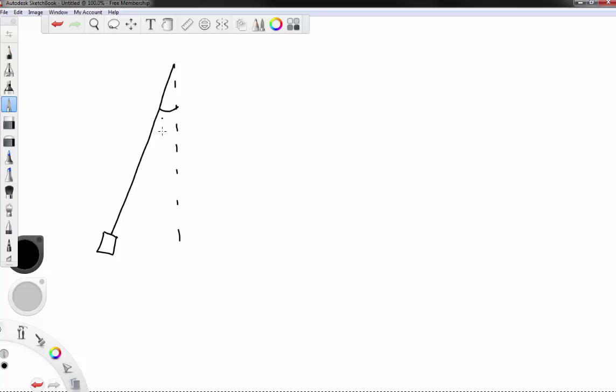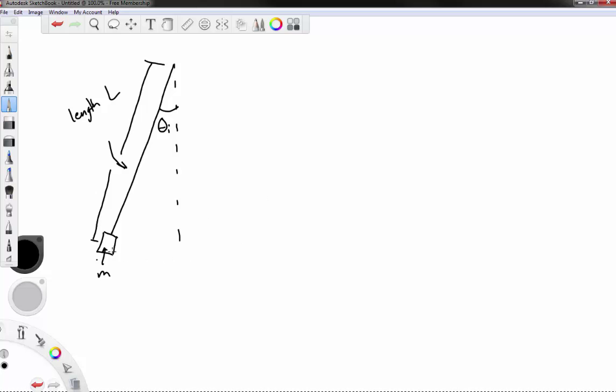This right here is your initial angle. This right here is the mass, and this right here has length L, and that length is actually from the center of this mass to the point where you are hanging this from.